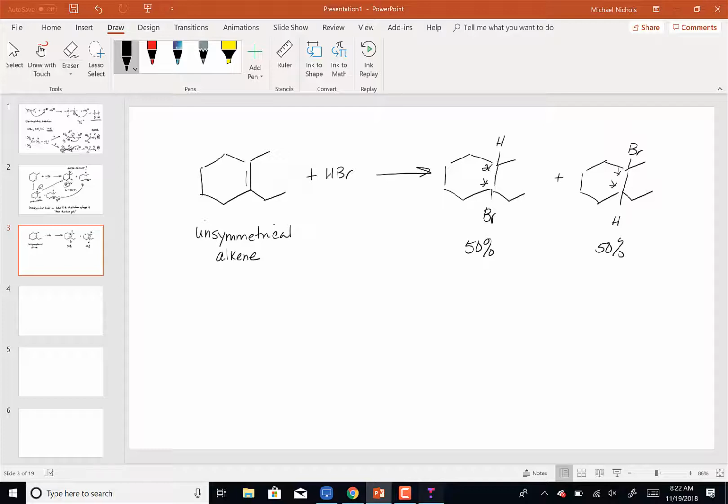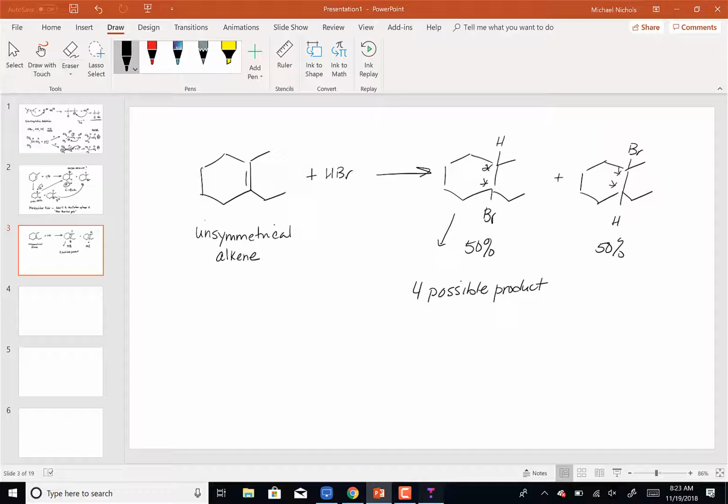So each one of those, with these 2 chiral centers, there's 4 possible stereoisomeric products. Because I've got 2 chiral centers, 2 to the 2 is 4. And so I've got 4 possible products. 2 diastereomers, and each is an enantiomer.